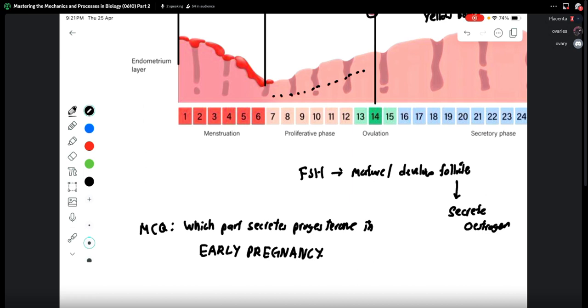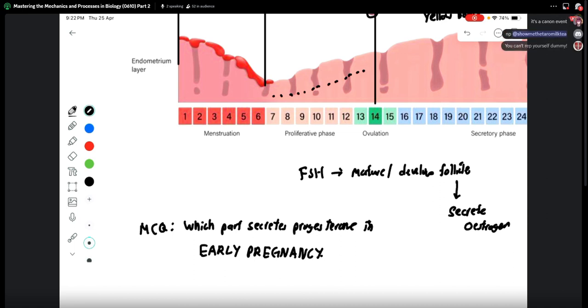Early pregnancy. Which part? The corpus luteum. If they give you the corpus luteum, then it is the corpus luteum specifically. Okay? No, no, no, no. This early pregnancy is just an event. Because the moment the egg is fertilized, it's the start of pregnancy already.